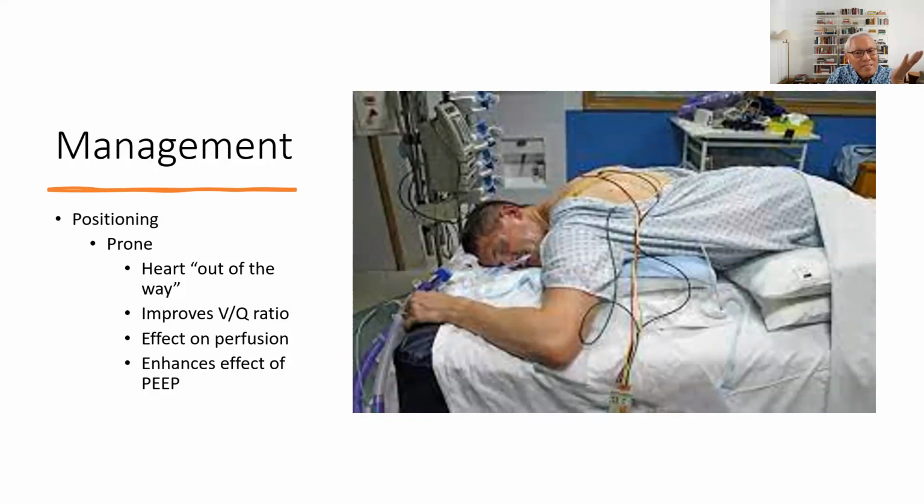Although this process requires a lot of planning and is labor intensive, it requires special training and the use of special beds also. But prone positioning is believed to improve ventilation-perfusion ratios.